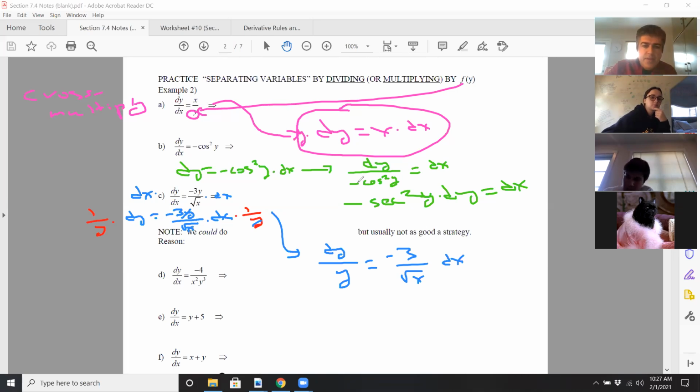Note you could, the negative 3, if you wanted to, we could have done this. And then those would cancel here, and then you have negative 3 here, and that would just be 1 over root x. I would not do that. Sorry. So that's a note here. We could have divided. Let me clear my screen.